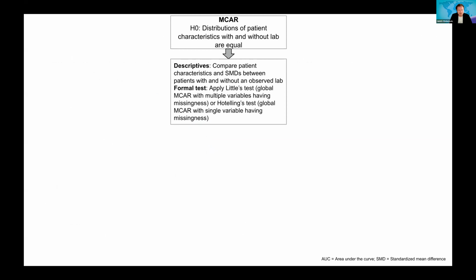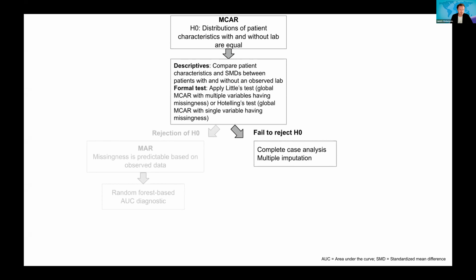This can also be done in a more formal statistical hypothesis testing fashion, for example, by applying Little's test, which is a chi-square derived global test for missingness completely at random, or Hotelling's test, which is a multivariate t-test designed to test missingness completely at random if you're interested in a single variable at a time. If one would fail to reject this null hypothesis, complete case analysis and multiple imputation is usually what is recommended in the literature.